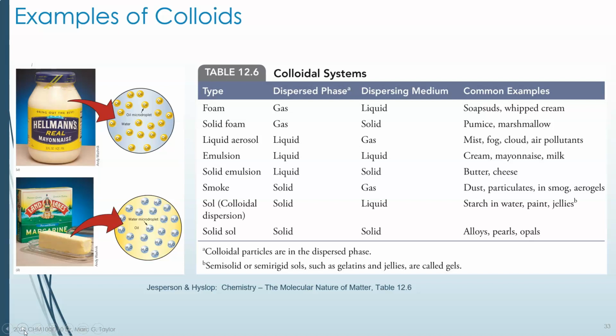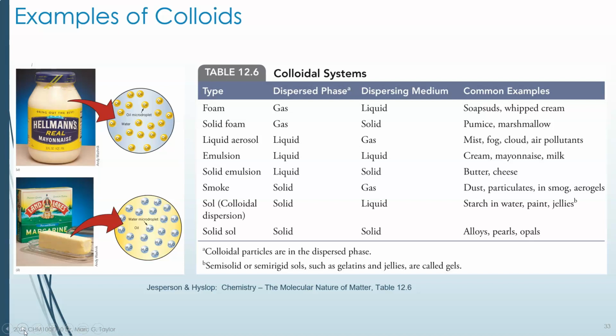And they can be mixtures of solids, liquids, and gases, just like solutions. These can include things like soap suds, whipped cream, even rocks like pumice, which are very light stones because there's so much air inside. In fact, pumice stones are so light in density that they will actually float on water.